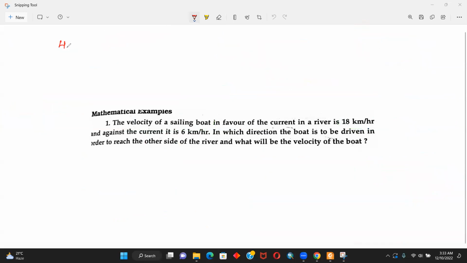In case of horizontal component, what you have to do: it equals the vector's magnitude, whatever you want to call it, multiplied by cosine, and the angle will be the angle between the x-axis and the vector.